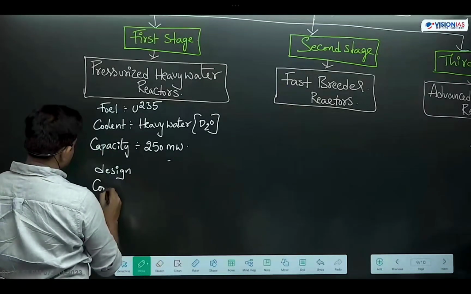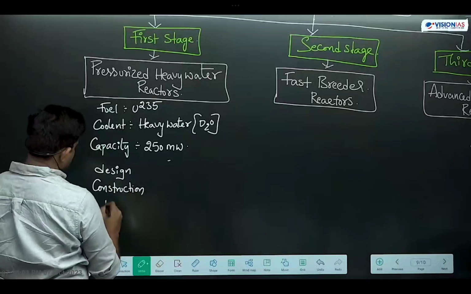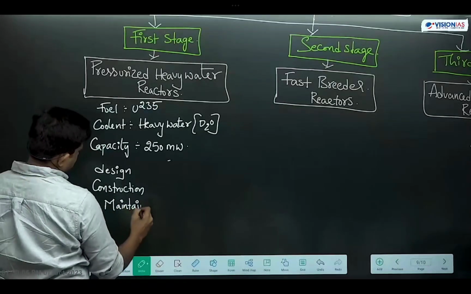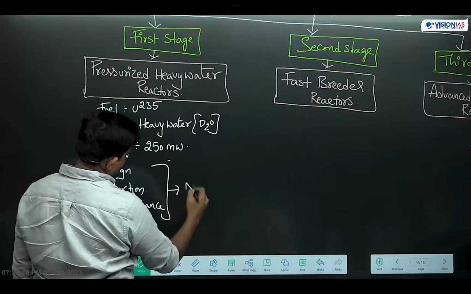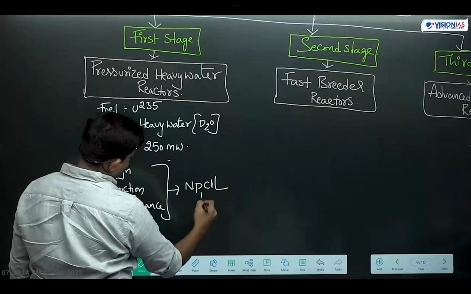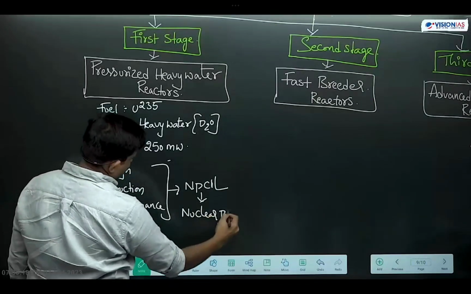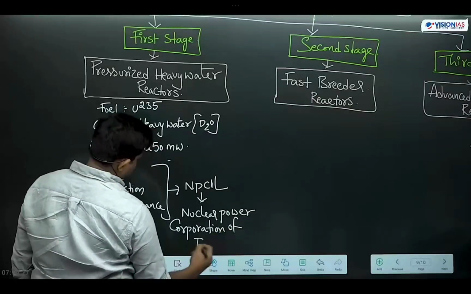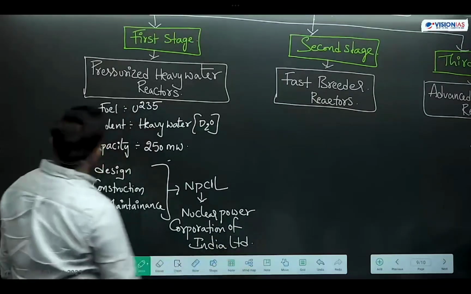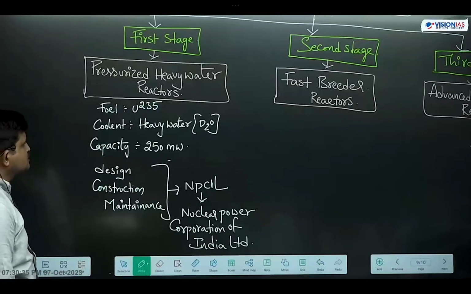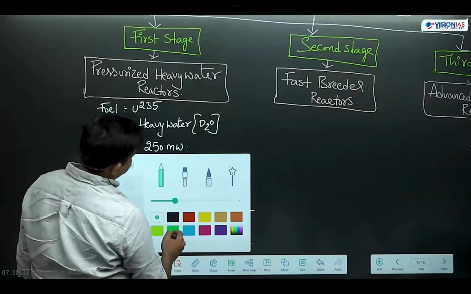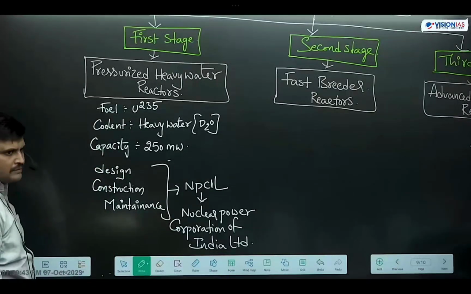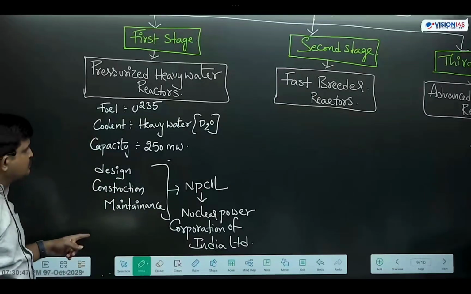Design, construction and maintenance are taken care of by NPCIL, that is, Nuclear Power Corporation of India Limited. Fuel, coolant, capacity, design, construction and maintenance: those are the features of the first stage of nuclear reactors.